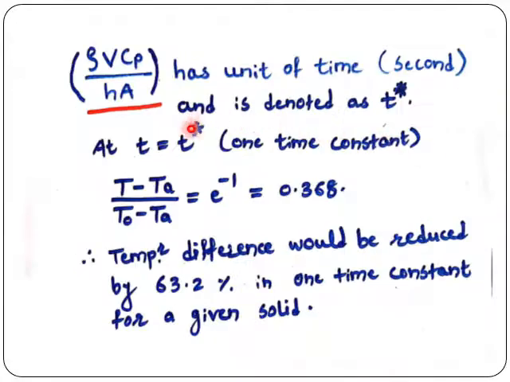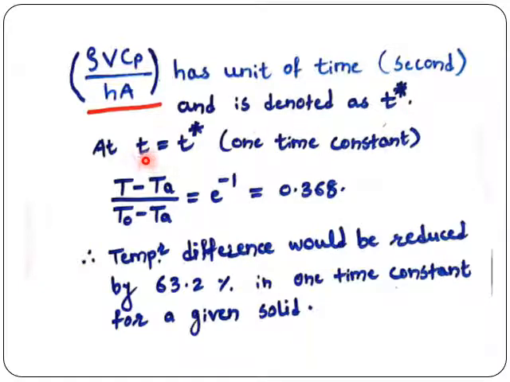Another term is the time constant. If you get the unit of rho V Cp by hA, it is the unit of time, seconds, and it is denoted as t prime or t star.